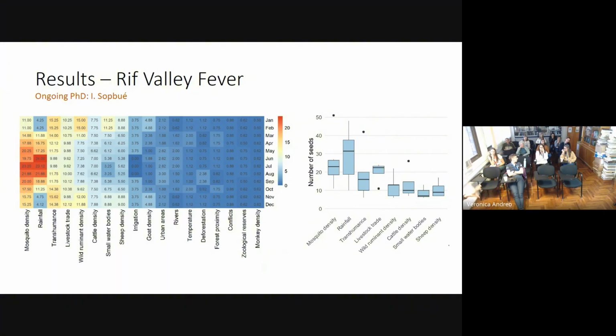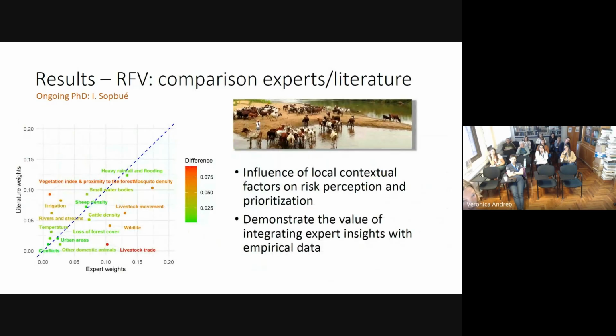And she can compare also with Ebola, as she works on Rift Valley and Ebola. What is also interesting here is that she also did a big systematic literature review to extract the risk factors from the scientific literature. She assigned weights based on the literature, so based on the number of times the risk factor is mentioned, also using statistical significance, that kind of thing.